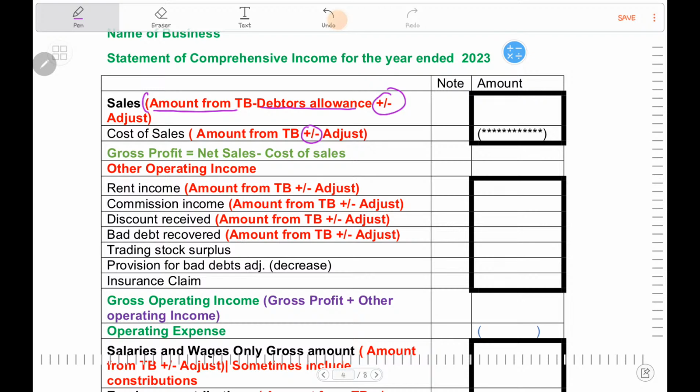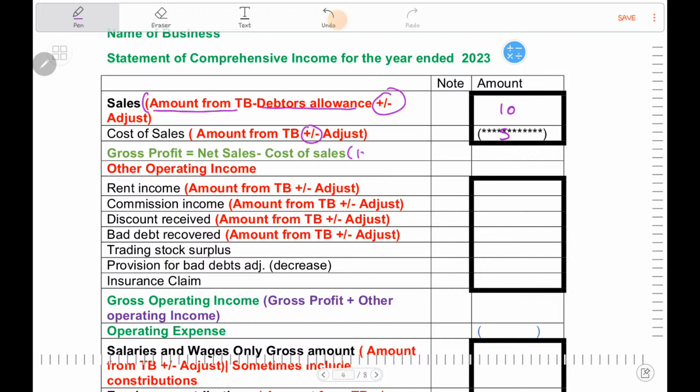Gross profit, the formula is simple. You take the sales and you subtract cost of sales. There are some of you who are still unable to calculate gross profit. If here the amount is 10, then here the amount is 5. We know that your cost of sales should be in brackets in order to find the gross profit. It means that we're going to say sales minus cost of sales, then we're going to get the gross profit.